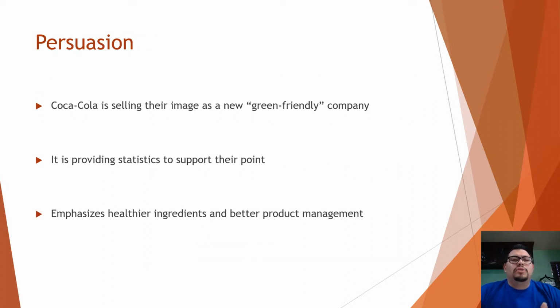I wanted to focus on the persuasion of the report in the beginning. So Coca-Cola is trying to sell their image to be green and friendly, which is great. They're trying to persuade whoever reads this report that they are listening to consumers, the people who are buying Coca-Cola products, and they're providing different products that are not so unhealthy, like soda, or healthier approaches of making the products, or greener approaches.